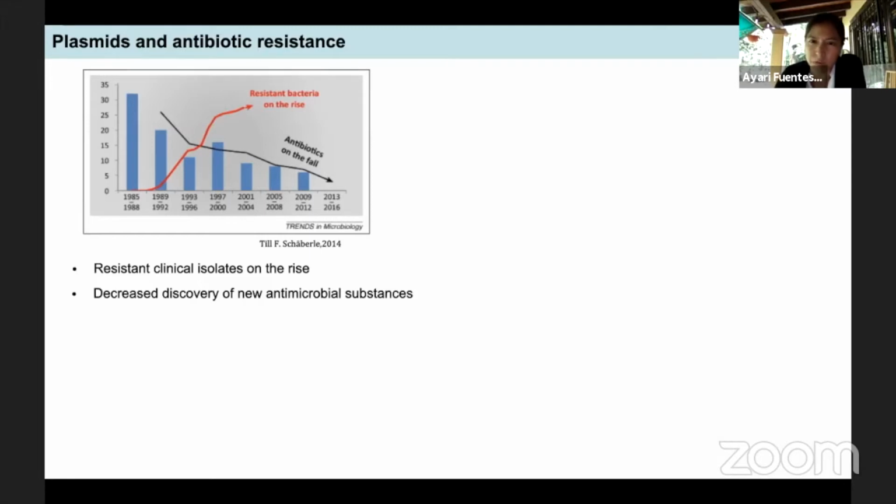So it's a really big problem because today we haven't found any antibiotic that is proven to work against all bacteria, and we have found bacteria that are resistant to all the antibiotics that we have. So in that sense, a lot of labs have been trying to understand, even in lab setups, how resistance is emerging and why.